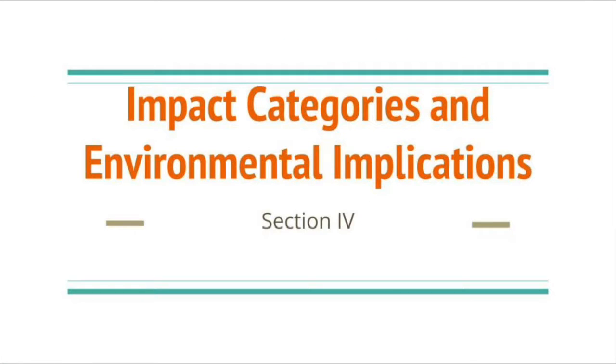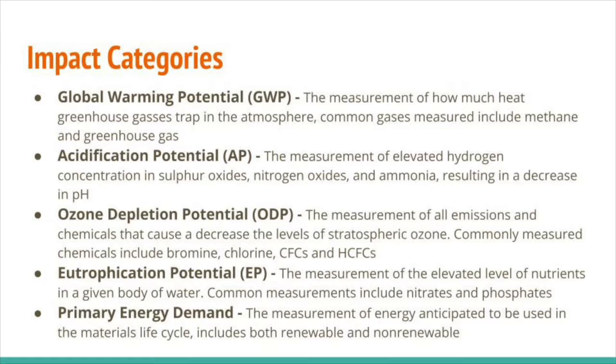This is slide 9, section 4. This is about impact categories. Okay, slide 10. These are the impact categories. The first one is global warming potential, which is the measurement of greenhouse gases trapped in the atmosphere.